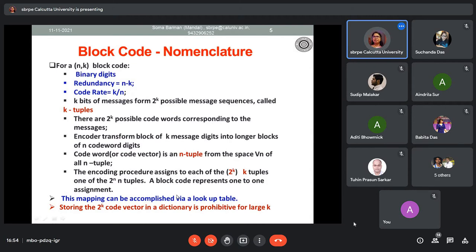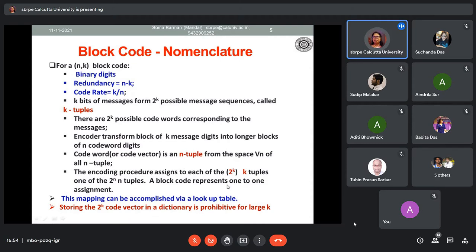So 2 to the power k sequences will be mapped uniquely out of the 2 to the power n code word sequences. Obviously there will be some extra sequences because n is greater than k. So extra code word sequences will be there. So this mapping, from 2 to the power k to 2 to the power n, should be a unique mapping technique. The representation will be unique, and this mapping can be accomplished via a lookup table.